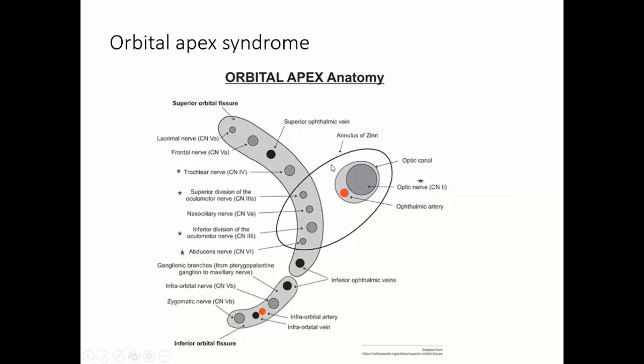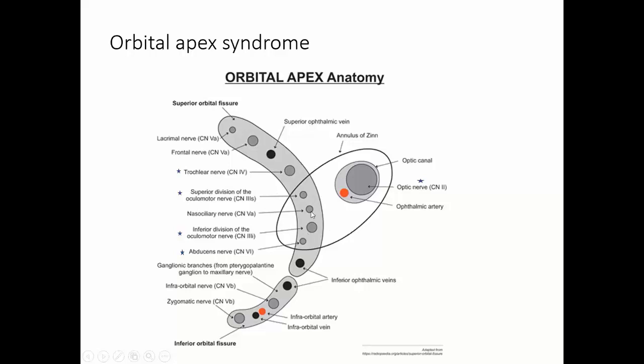Usually there is proptosis because of the compression at the orbital apex. Something is pressing there, and all these nerves are together: the optic nerve, the trochlear nerve, the superior and inferior divisions of the oculomotor nerve, the nasociliary nerve which supplies the cornea, and the sixth nerve.